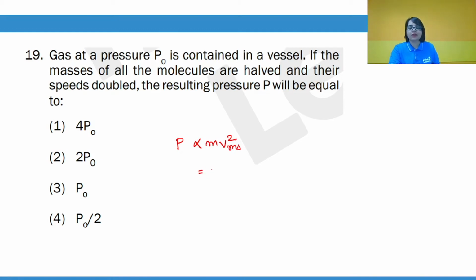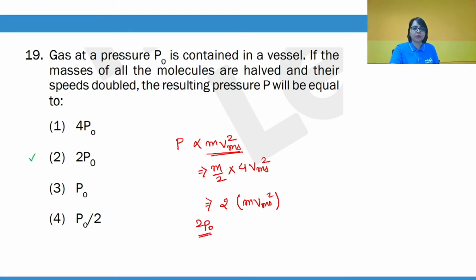So masses are halved, that means it will be m by 2, and Vrms doubled, so it will become 4 times Vrms square. So it is nothing but 2 times m Vrms square. So pressure is directly proportional to m Vrms square, but it is becoming 2 times after changing the given parameters. So new pressure will be 2P0, which is option 2.